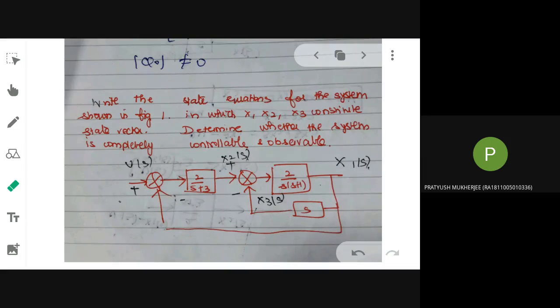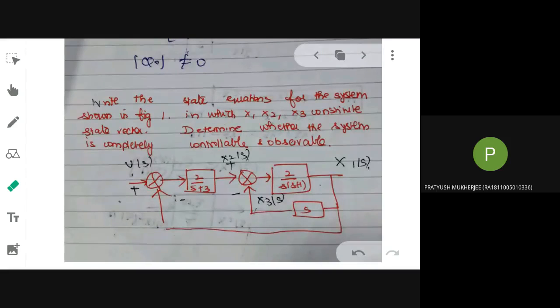You need to know what A, B, C, D are. Otherwise, you cannot substitute in Kalman's formula. Instead, indirectly, they have given one block diagram. So using that block diagram, you can find out what x1, x2, x3 are, then find the derivatives and write the state equations. Like that, you will solve.